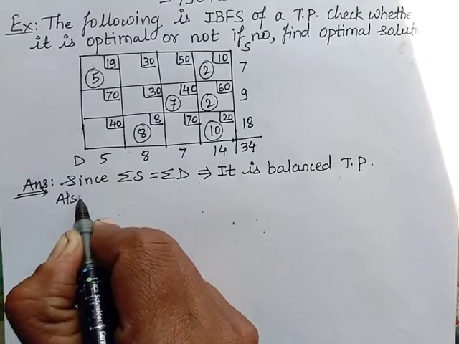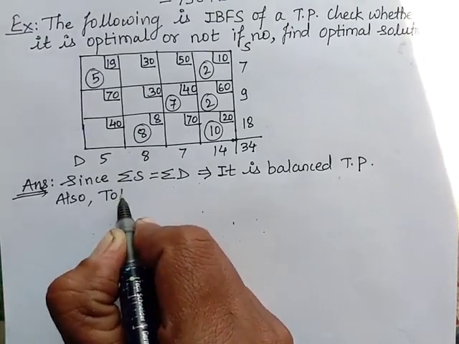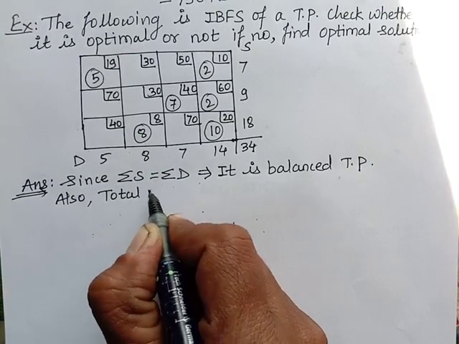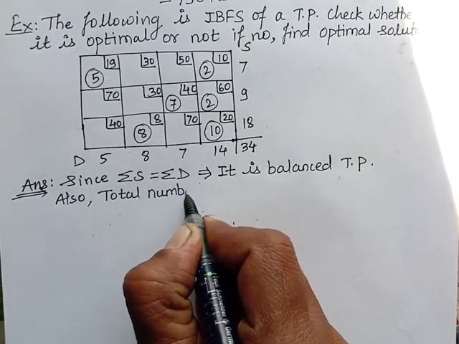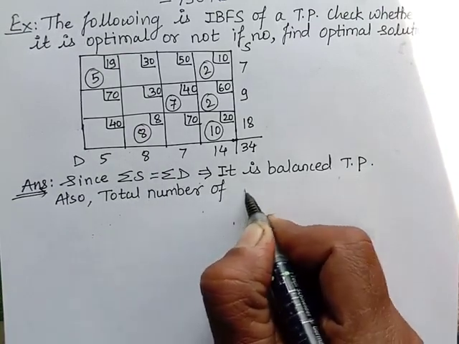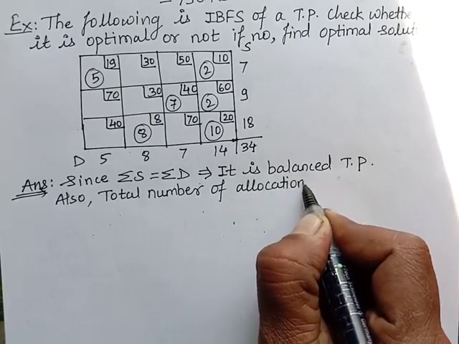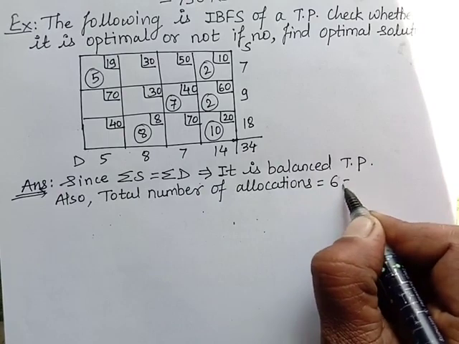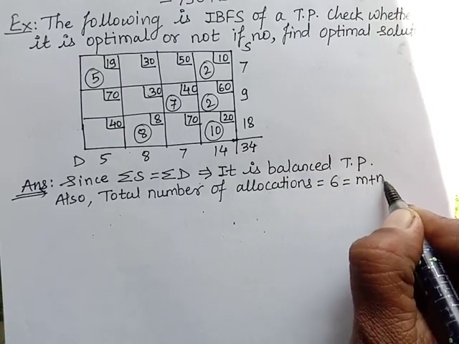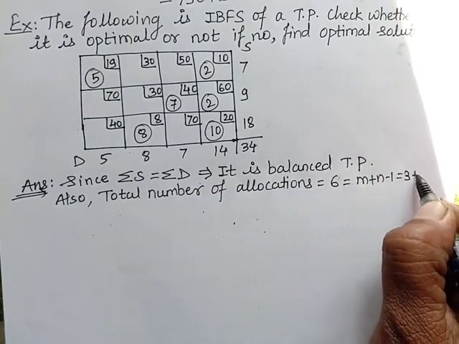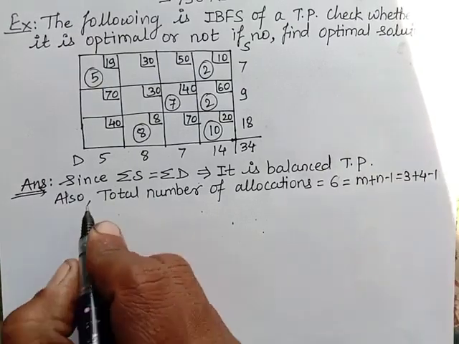Also, total number of allocations equal to 6, that is equal to m plus n minus 1, that is 3 plus 4 minus 1. Fine.